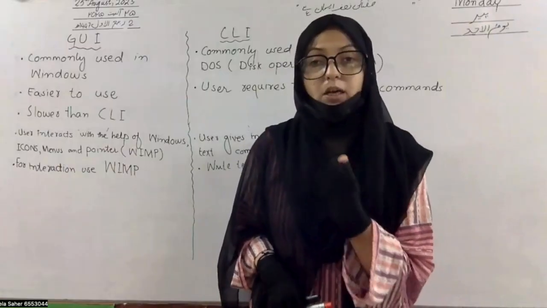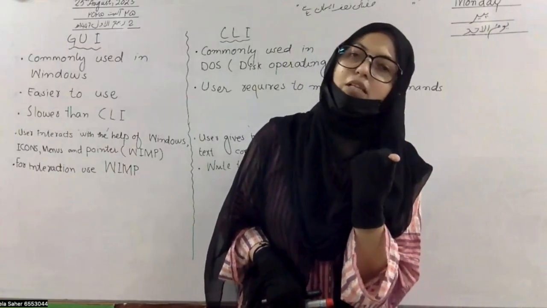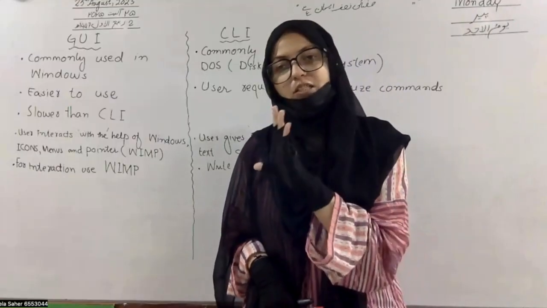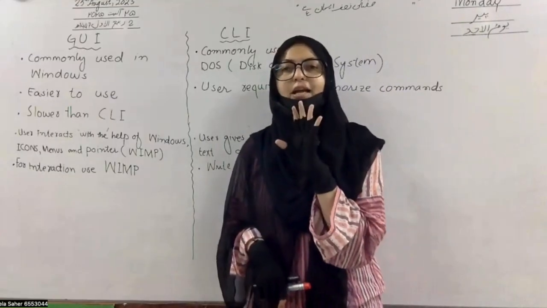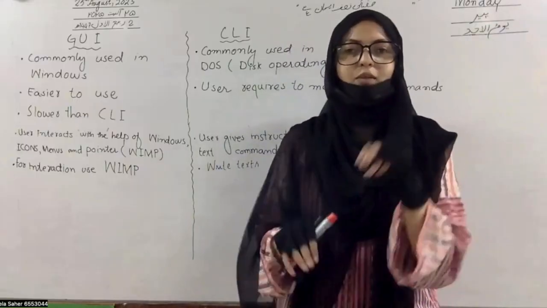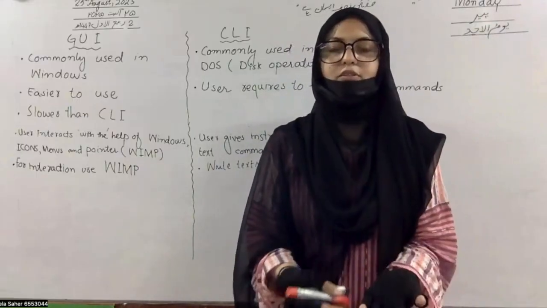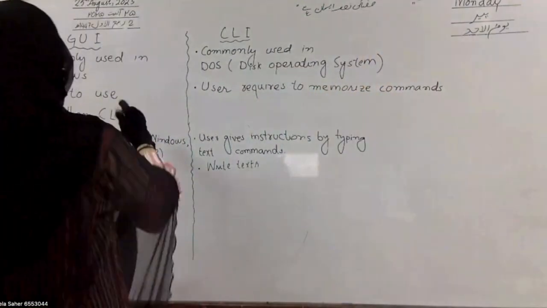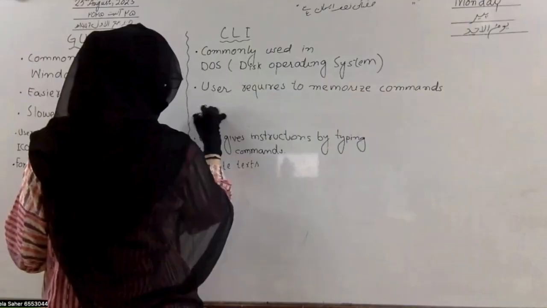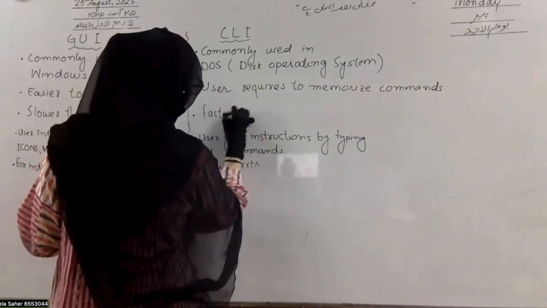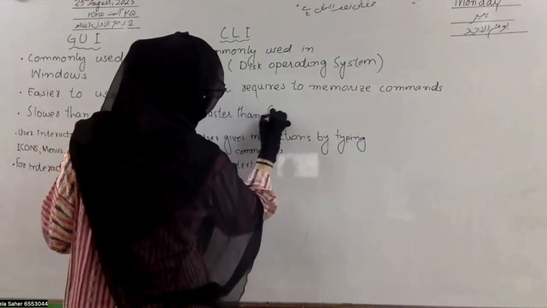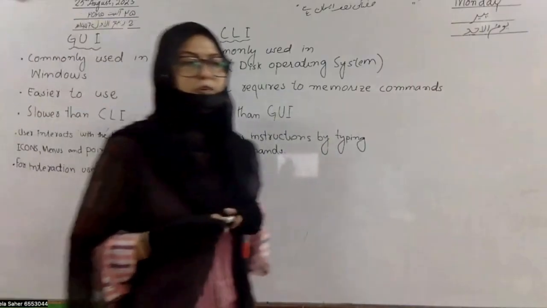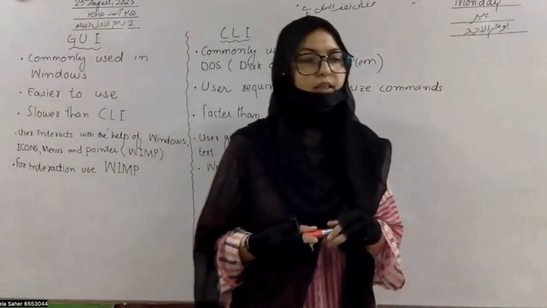But if we are talking about the command line, we learned about the command already, so we must know where our file is. So we'll just type and press enter, and that file will be in front of us. So we can say that GUI is slower than CLI, but CLI is faster than GUI. Okay, so this was the 5th one that we have written here.